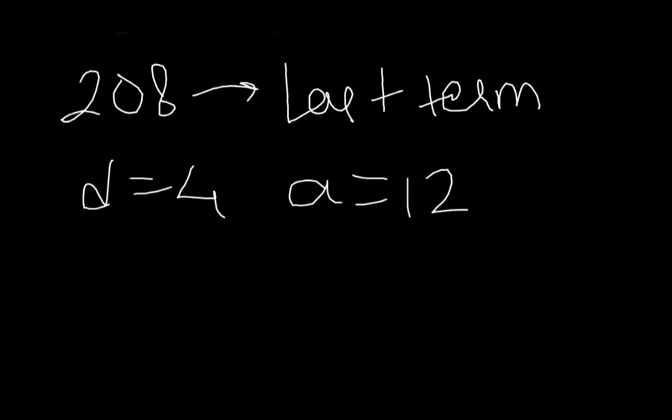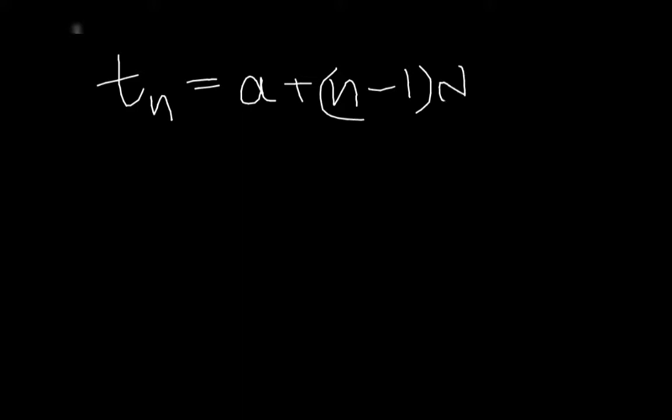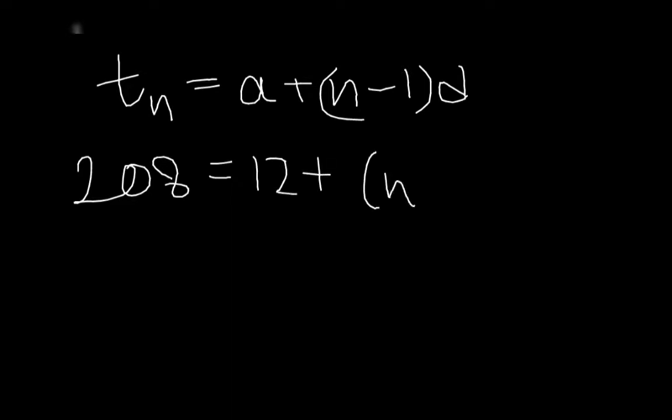So what do I know? My last term, Pn, is equal to a plus n minus 1 into d. My last term was 2008, and my initial term a was 12, and this will be n minus 1 into the difference, 4.